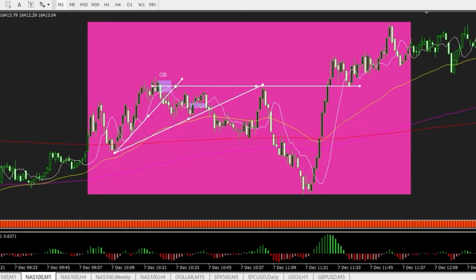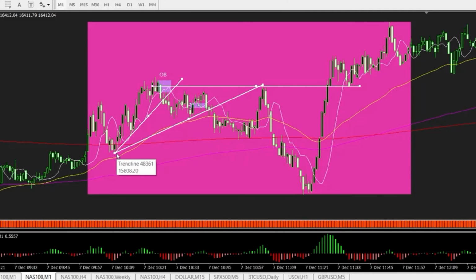That was where it crossed. Now, if you entered, you were still good. You could take the move down to here, which is the beginning of this order block, and also coincidentally the 500 moving average. Now, that would be a decent trade.